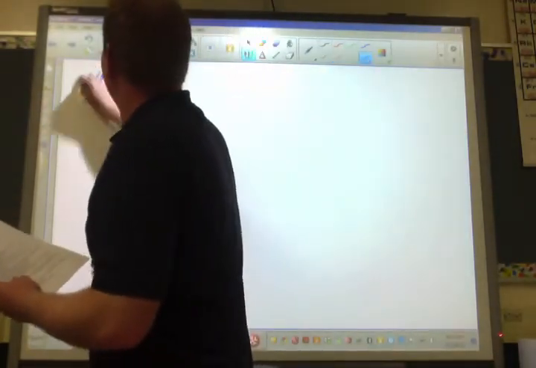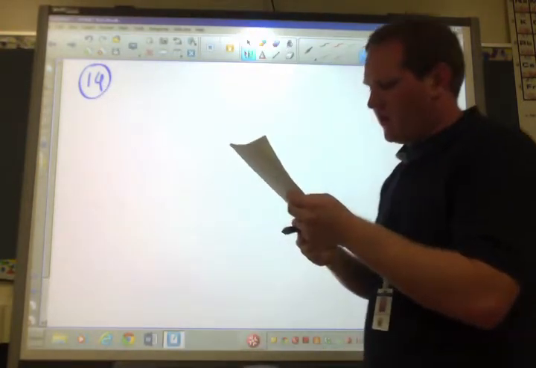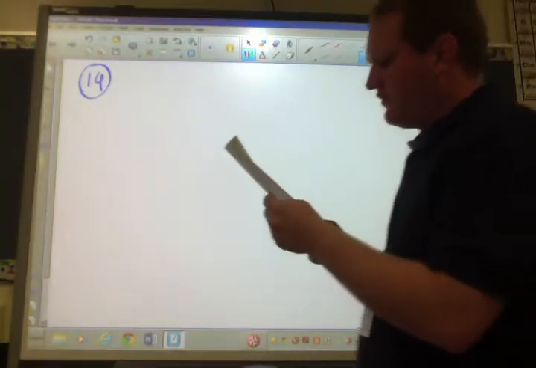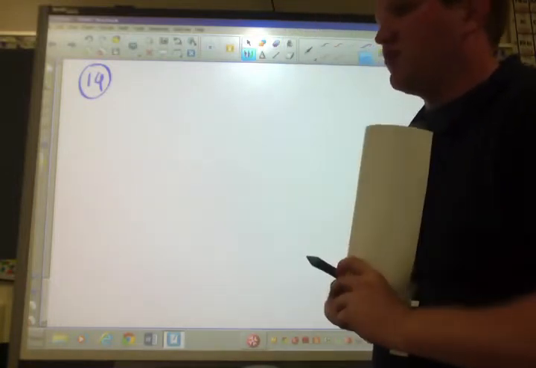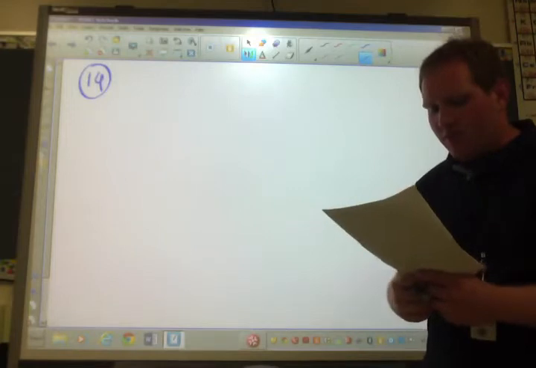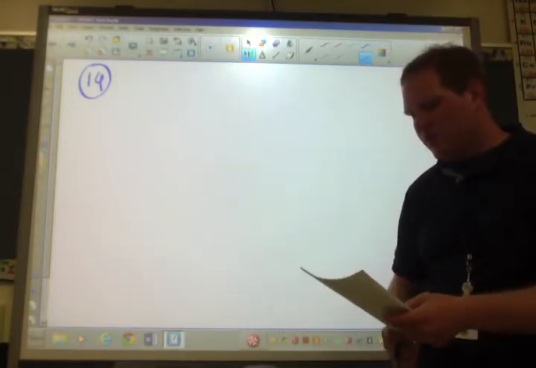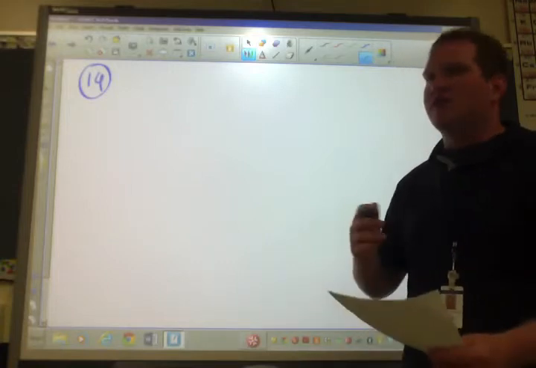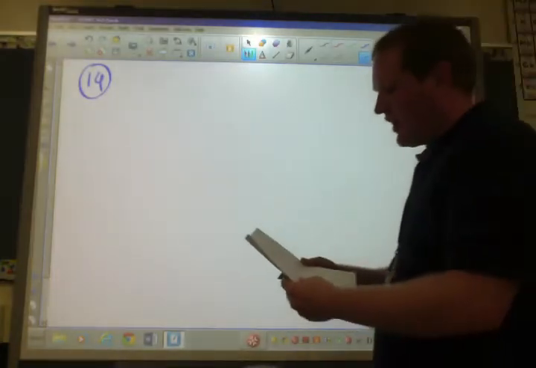Number 14. What is the empirical formula for a compound that is 52.2% carbon, 13% hydrogen, 34.8% oxygen? Okay. Empirical formula. We're looking for the simplest ratio of the elements in this one. Now, if we're given percentage, we assume it equals 100 grams, and we're going to basically turn that into grams.